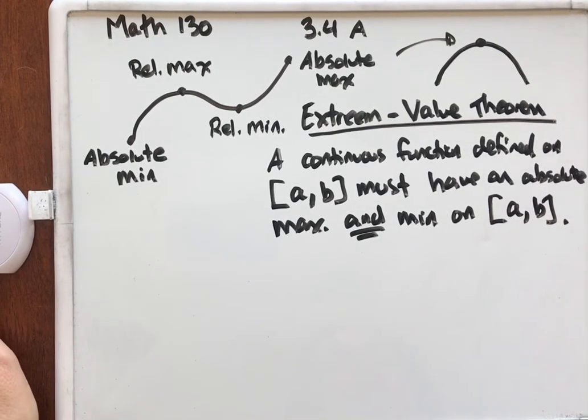A continuous function defined on some closed interval from a to b must have an absolute max and an absolute min on that same closed interval from a to b.